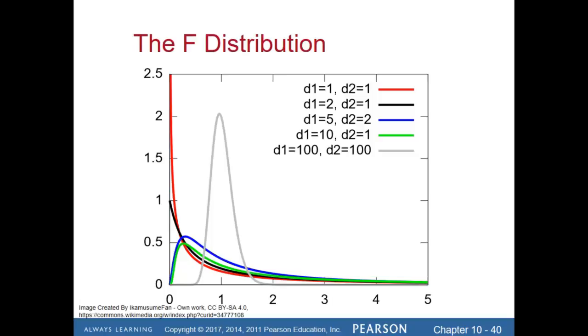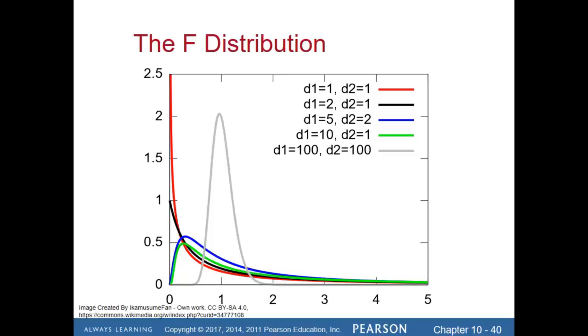First of all, the F distribution is a continuous probability distribution, just like the normal distribution or the t distribution is a continuous probability distribution. It's a distribution of this ratio between two variances. And as we said, its shape and its characteristics depend on degrees of freedom for the numerator and degrees of freedom for the denominator.